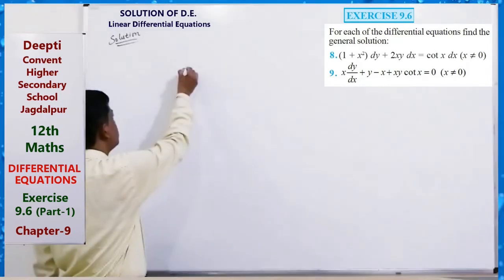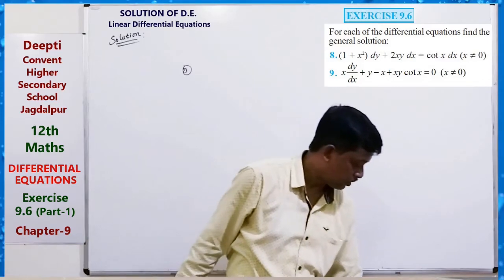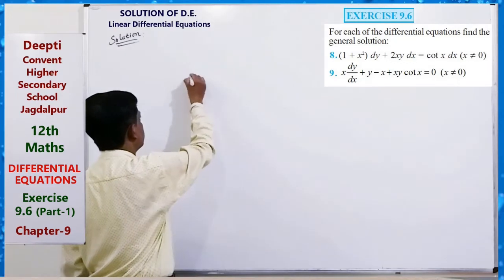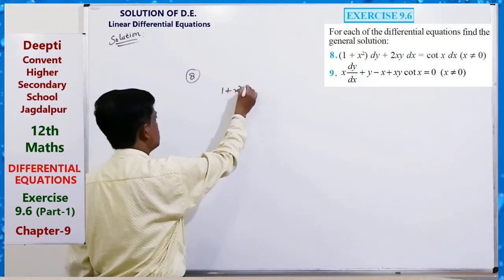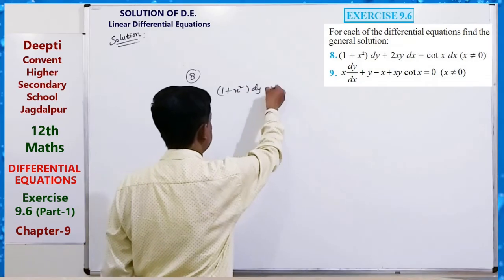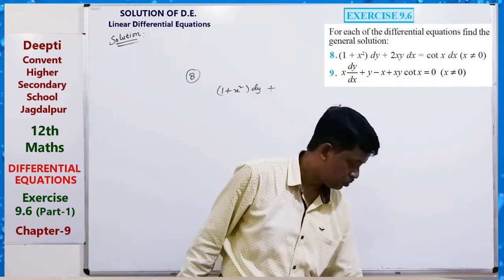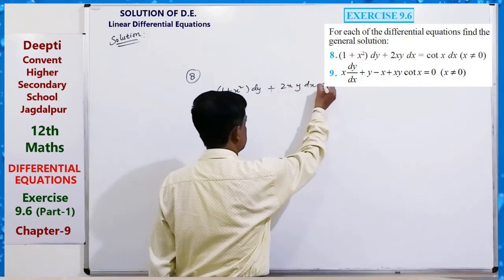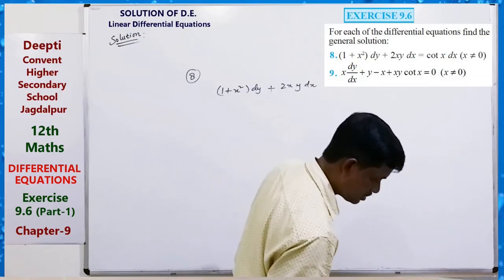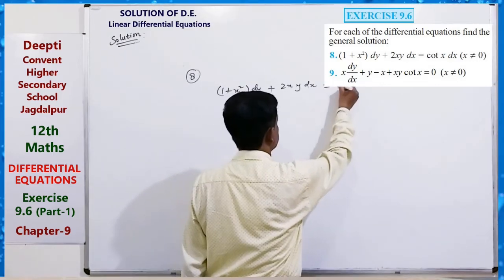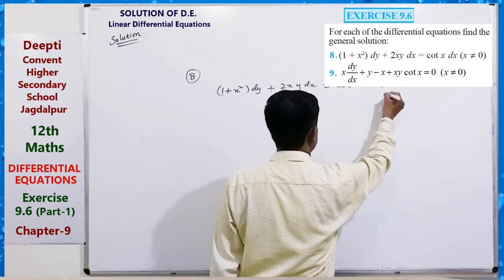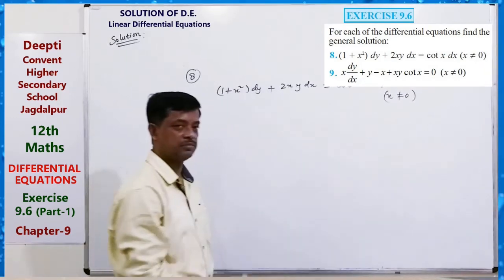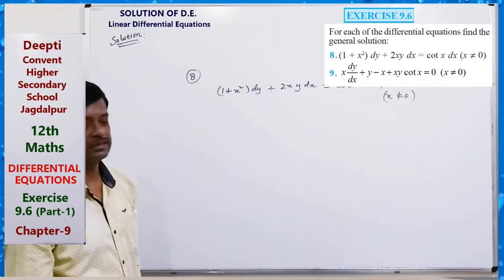Question 8 is: 1 plus x square dy plus 2xy dx equals to cot x dx, with x not equal to 0, because we have to divide by x.